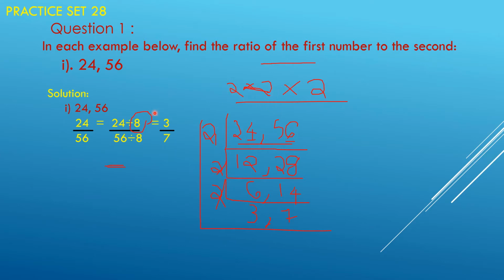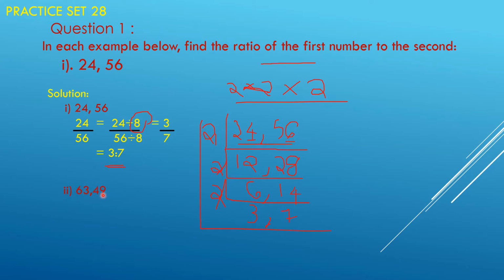Therefore, 24 divided by 8 and 56 also divided by 8. Therefore, the fraction is equal to 3 upon 7. Therefore, the ratio of the first number to the second number is equal to 3 is to 7. Your second question, 63 and 49.